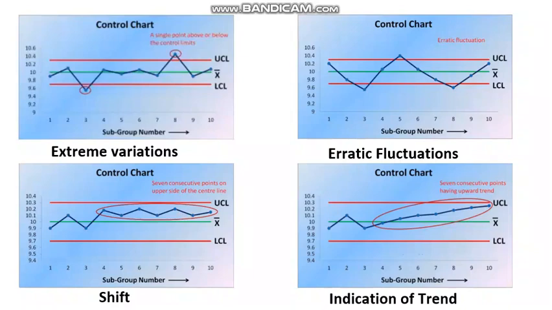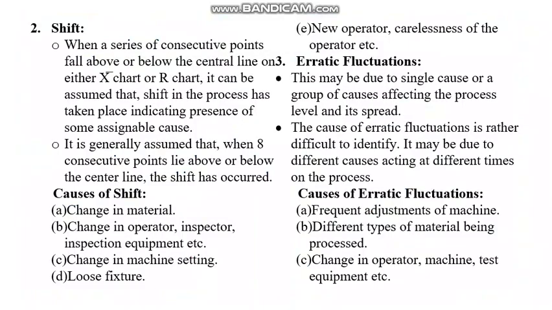They are well within the control limits, but still 7 points, one after the other consecutively, have fallen on one side of the mean value. Even that is indicating something: some assignable cause is there, because of which this happened.